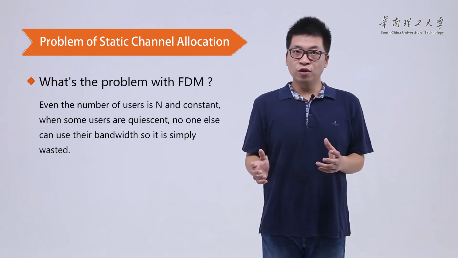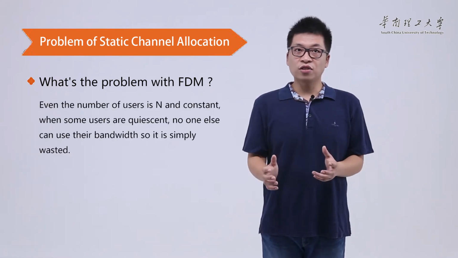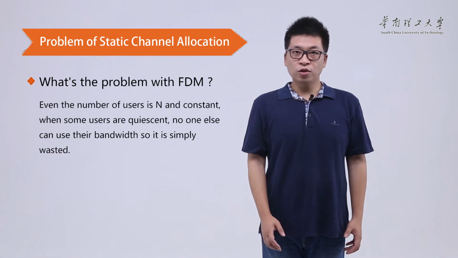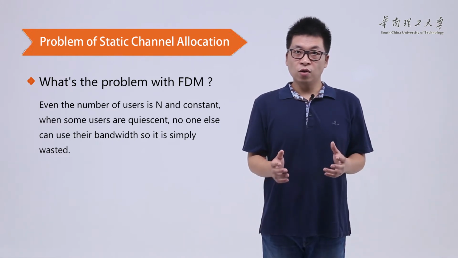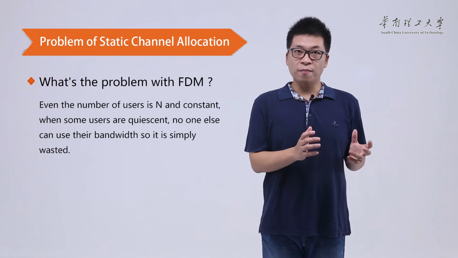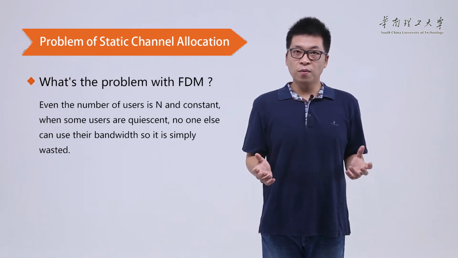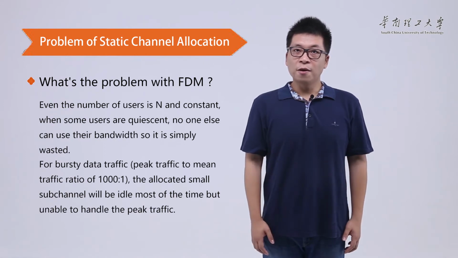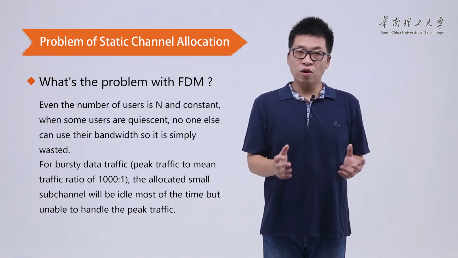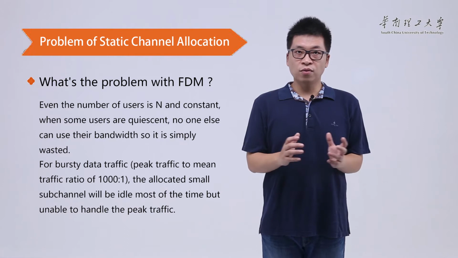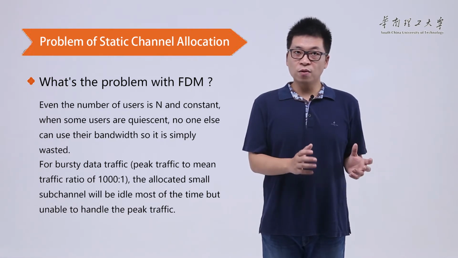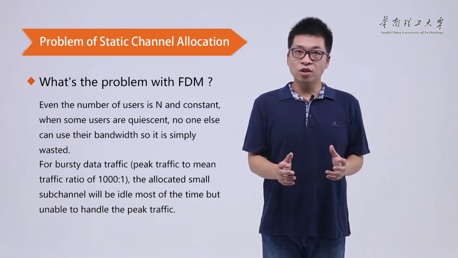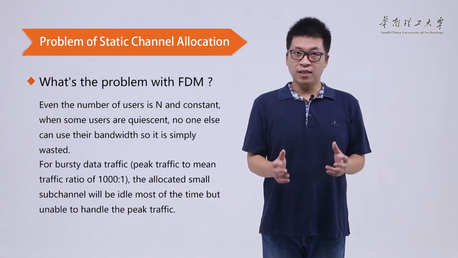Even if the number of users is n and constant, when some users are quiescent, no one else can use their bandwidth, so it's simply wasted. For bursty data traffic, with a peak to mean traffic ratio of 1,000 to 1, the allocated small subchannel will be idle most of the time, but unable to handle the peak traffic.